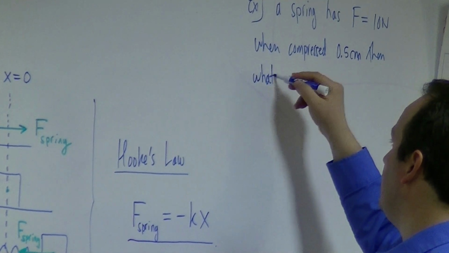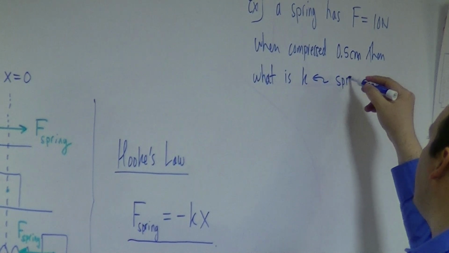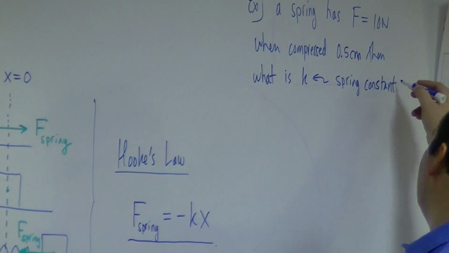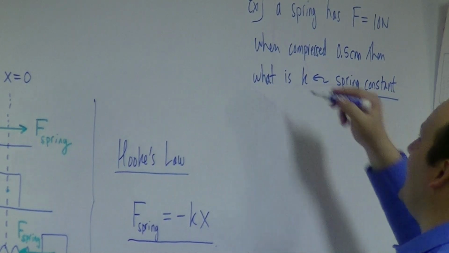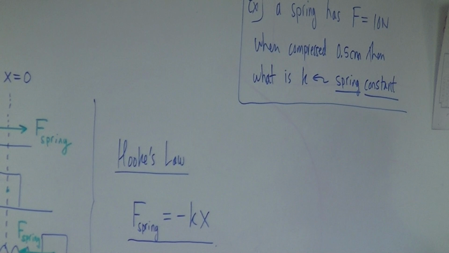That's pretty easy. What is k? Now, this k, by the way, is called the spring constant. It's a really inventive name, right? Yes, the spring constant, which is the constant associated with the spring. Simple enough? Sorry, come up with a more interesting name for this k. I don't know, but whatever.